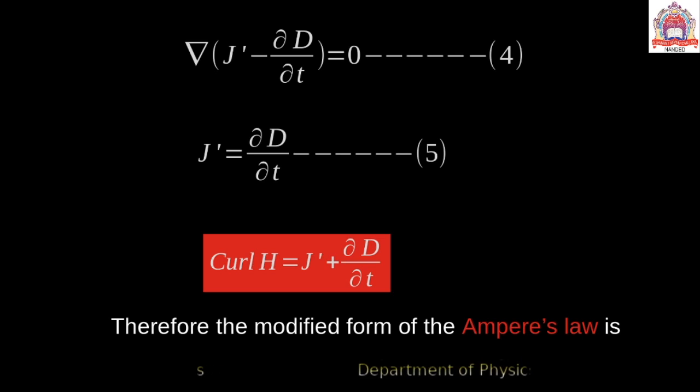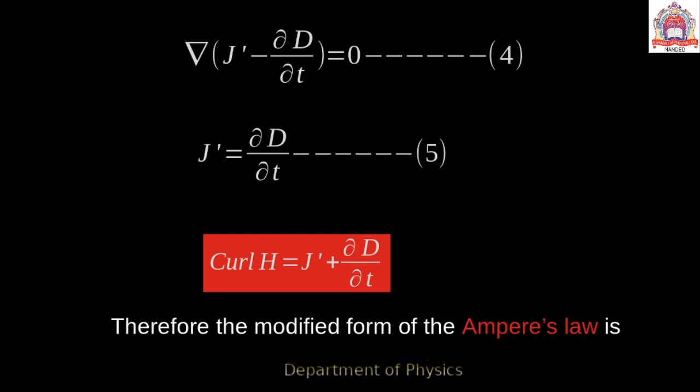So this is the first term. That first term describes, in simple form, the conduction current density, which indicates that the current is due to the moving charges.